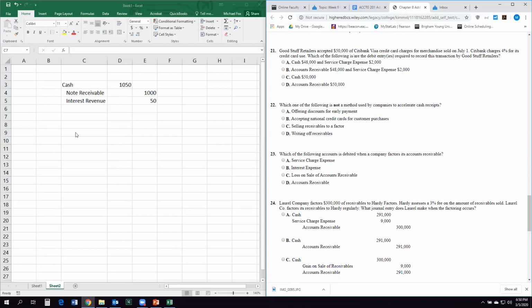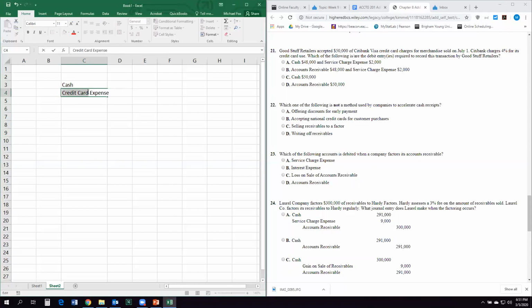So typically, and especially the way this book does it, when we record a credit card transaction, we're going to show our cash going up by the amount we're going to receive from the transaction. And then we're going to do some type of credit card expense. They call it service charge expenses.